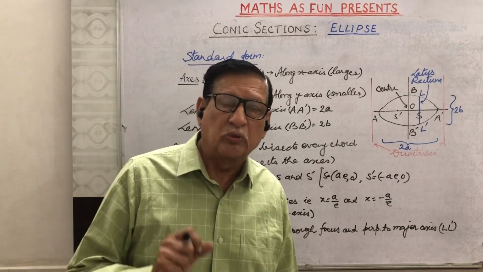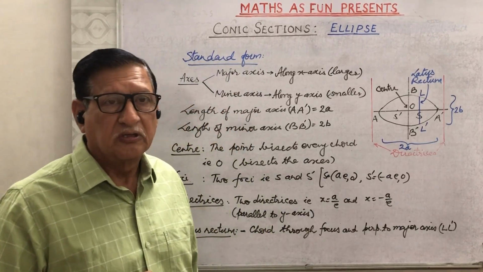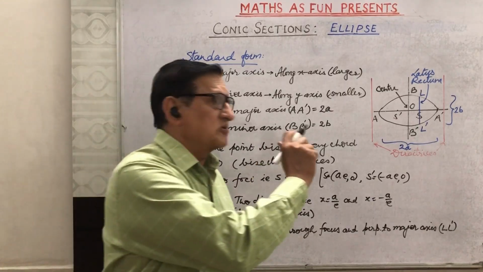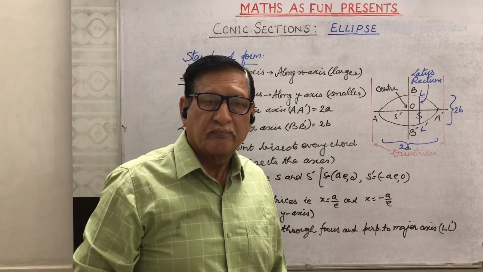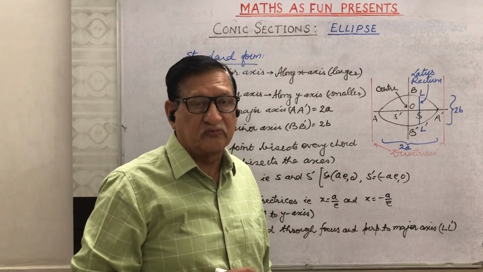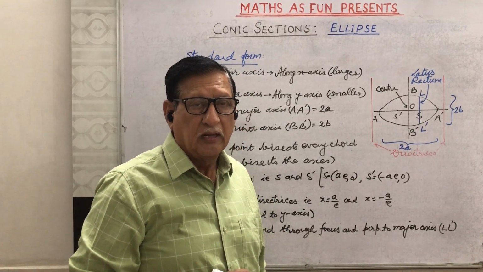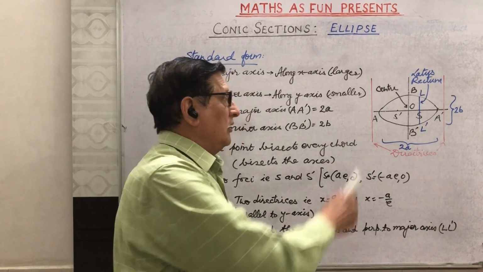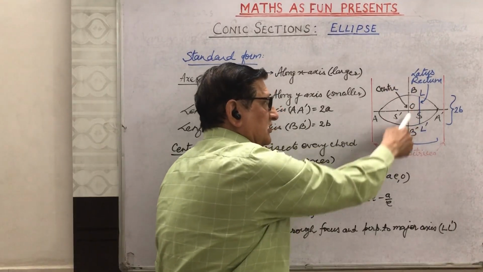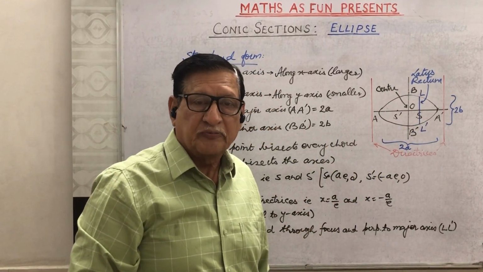Let's discuss now the standard form of the ellipse. We say if an ellipse is along the x-axis and y-axis, then it is the standard form of the ellipse. Let's learn about some of the parts of the standard form. There are two axes of the ellipse.